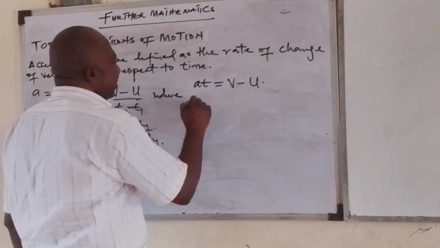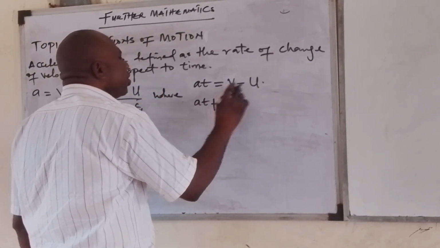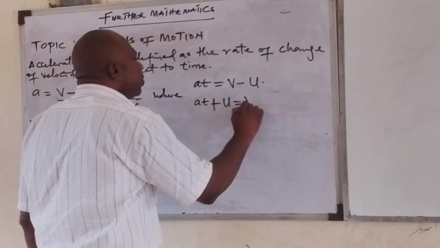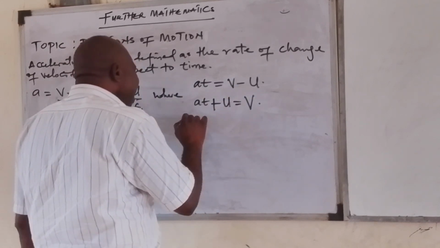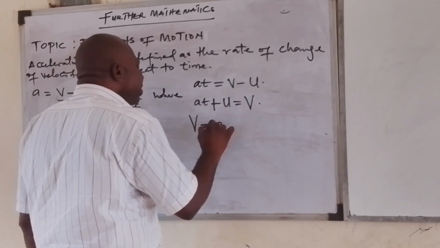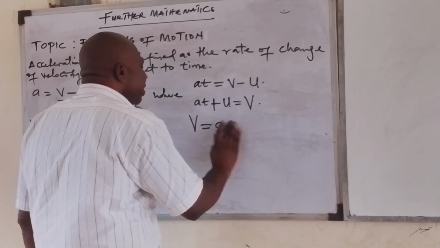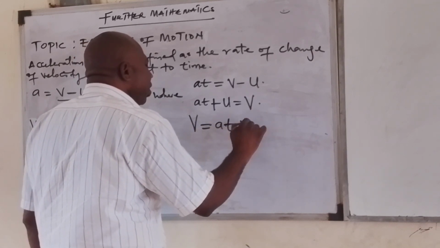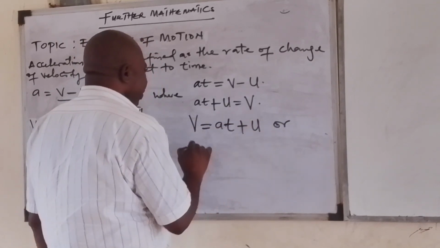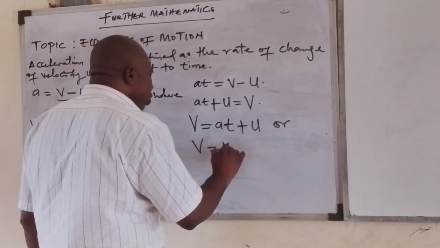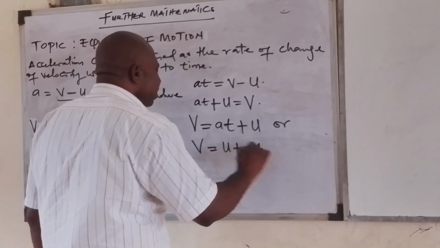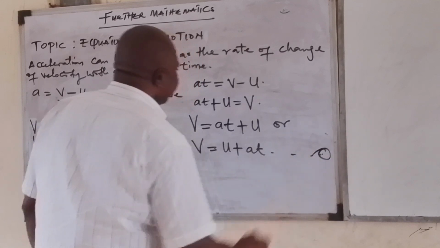So it therefore means that at plus u is equal to v, or v is equal to u plus at. Now let's call this equation 1.